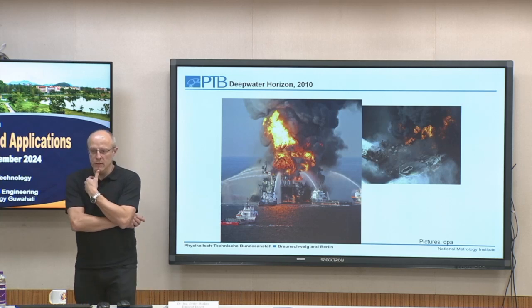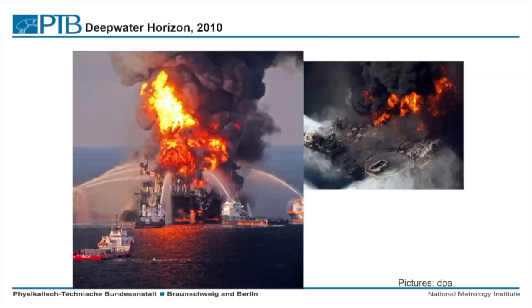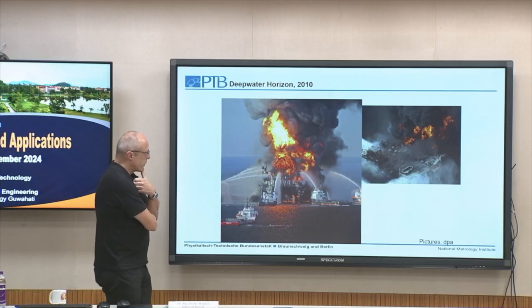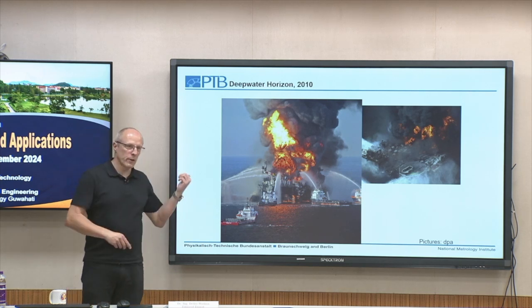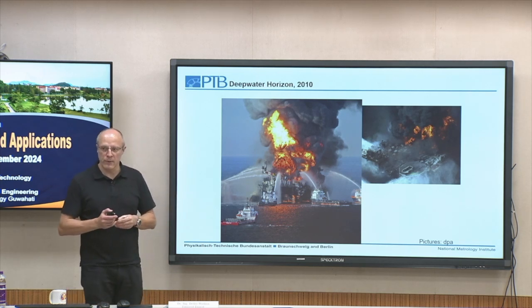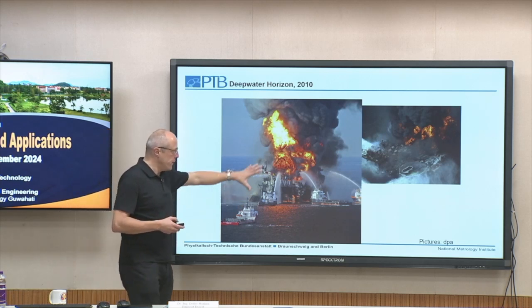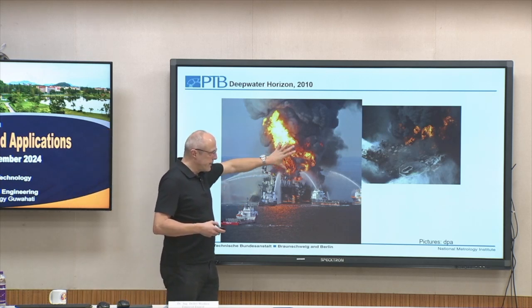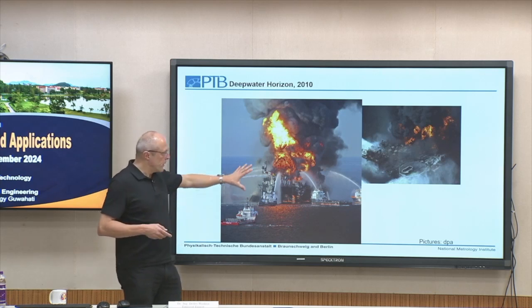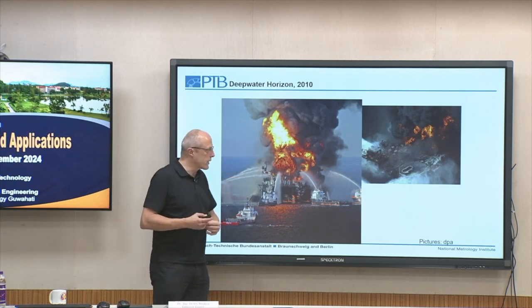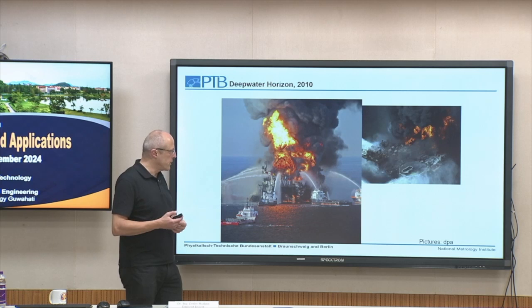Another example is this well-known Deepwater Horizon accident. In the oil and gas industry, where we deal with fossil fuel, a lot of accidents occur, and sometimes they have such drastic consequences. And it's not only the case that some people died here, and the investment for this oil rig was quite expensive.